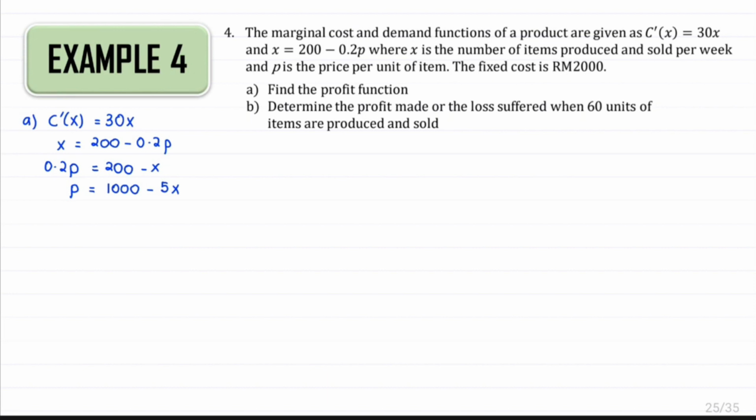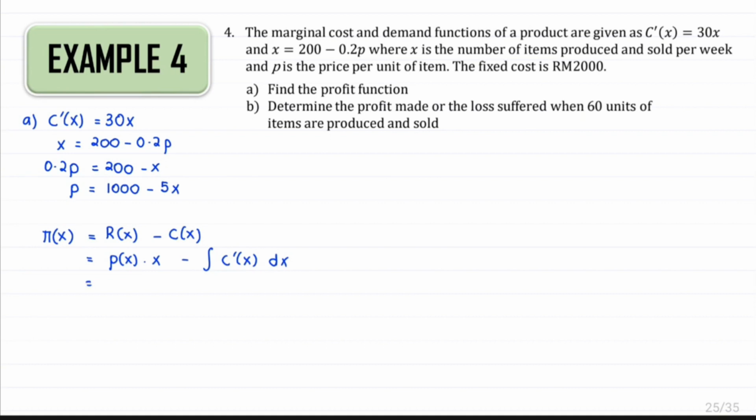Now we find the profit. π(x) equals revenue R(x) minus cost C(x). To find revenue, we use the formula P(x) times x, and to find cost C, we integrate C′(x) dx.